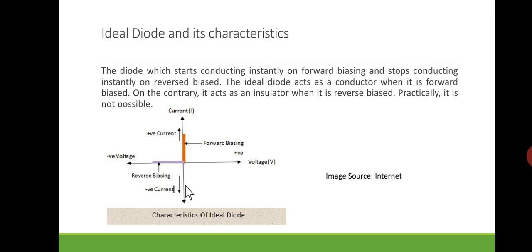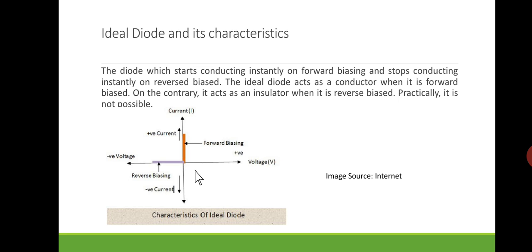In the graph, this is the voltage and this is the current. At 0 voltage we are getting the maximum current in the forward biased.